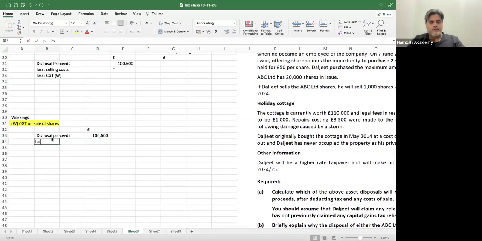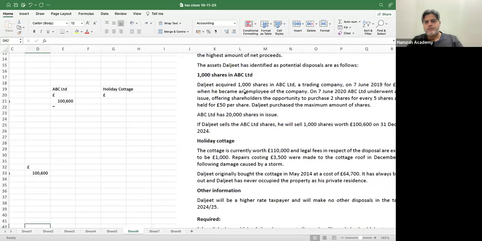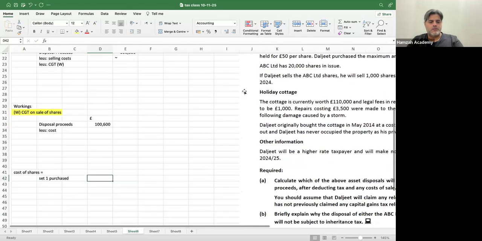And then I have my cost. As far as the cost is concerned, I have the Section 104 pool: I purchased 1,000 shares for 60,000.